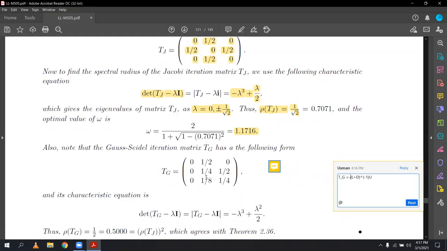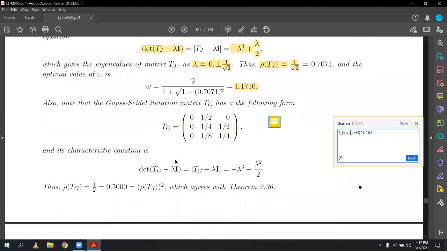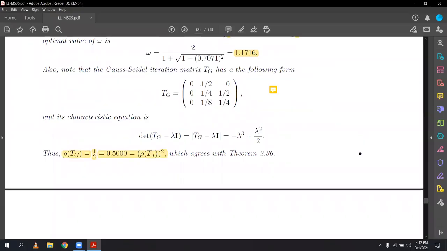You directly do what? You know the value of Tj, make it square, and that gives you the value for Tg. And you can see, we know what Tj is, it is this one. When you square it, it becomes half. And when you calculate here, the spectral radius is half. So no detail. You can directly find it from Tj. No need to calculate this one unless I mention it, do it separately, then you have to do it.